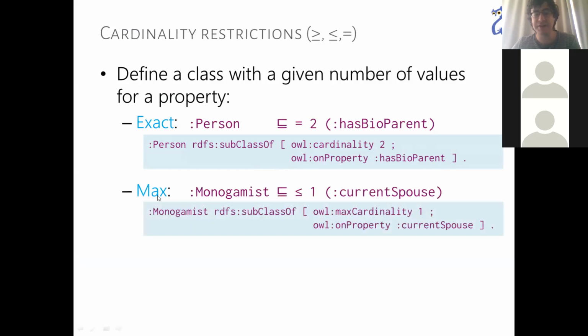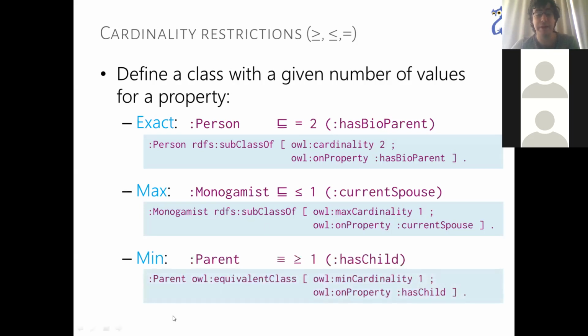We can have a max, at most. So we can say a monogamist, someone who believes in monogamous marriages, will have at most, although there might be exceptions to this, I guess, but we'll define here that a monogamist has at most one spouse. Maybe they're not married yet, but if they are married, they have at most one spouse.